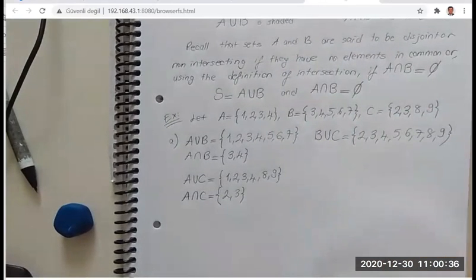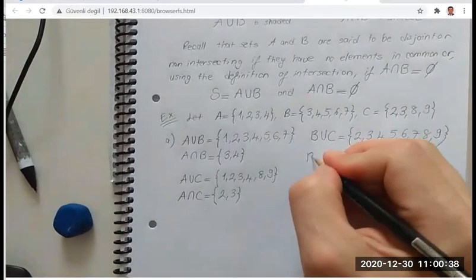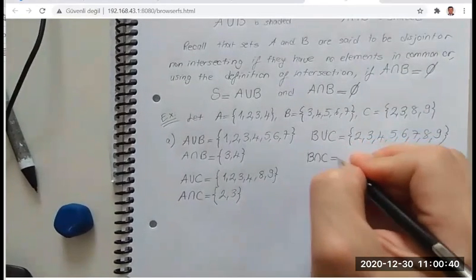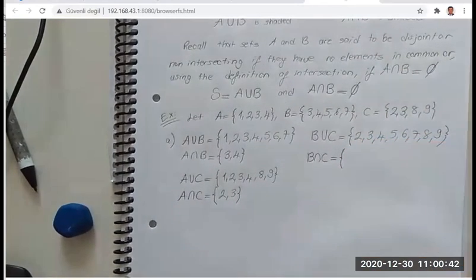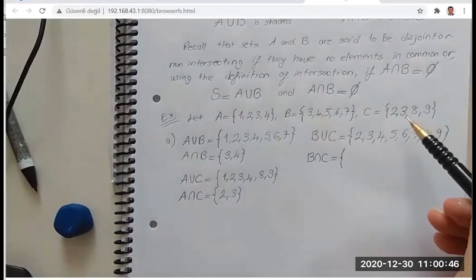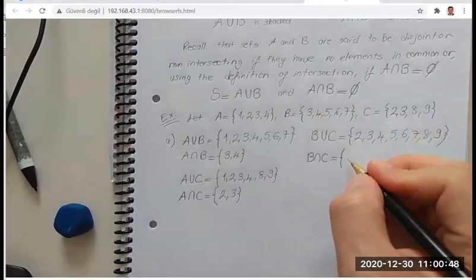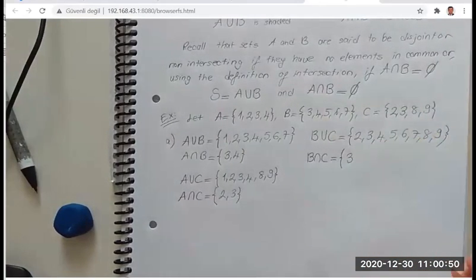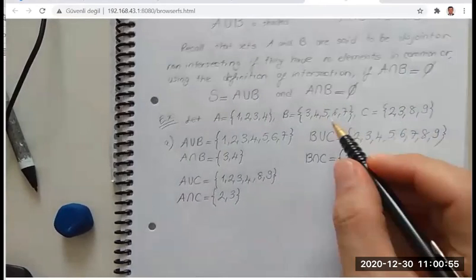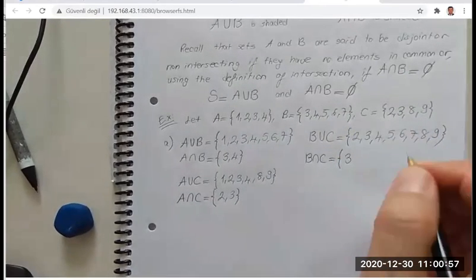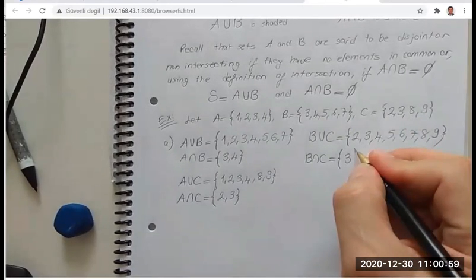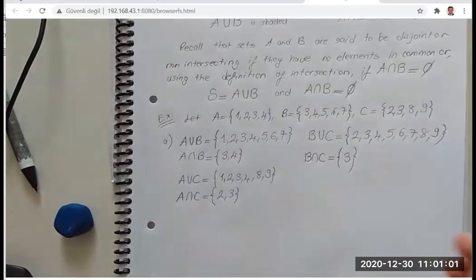And then B intersects C. So what is the B intersect C? There is 3, okay, this is the common. Let's find 3 here. And what else? There is no 4, there is no 5, there is no 6, and so on, just 3. Okay.